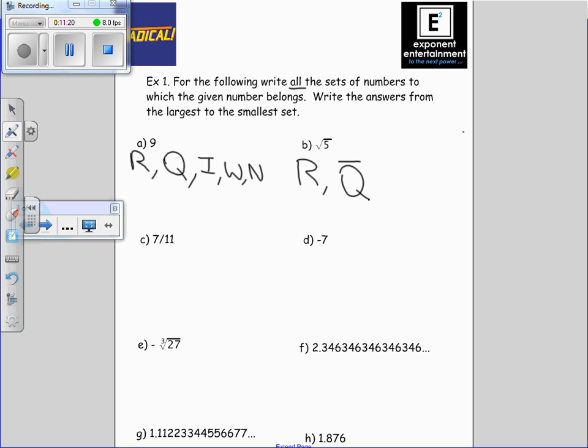If you can't punch in this next one on your calculator, look at E. You're going to need someone with a calculator that knows how to work that. Tell me what it is. So find a partner.